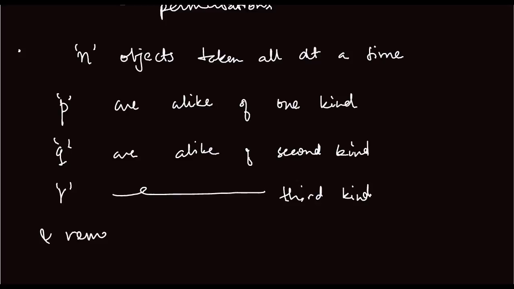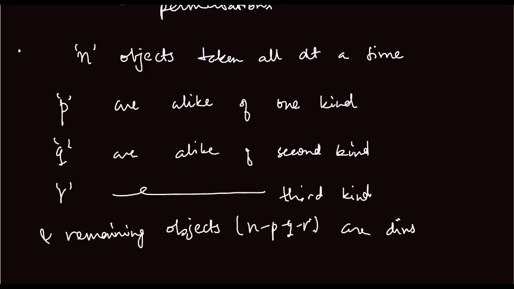And the remaining objects, which will be n minus p minus q minus r, are distinct. Distinct means different.